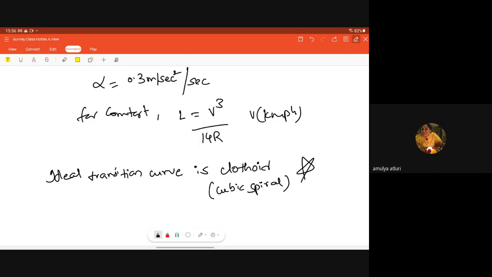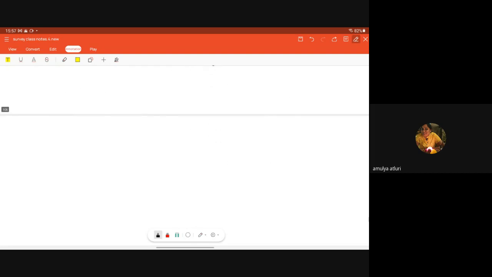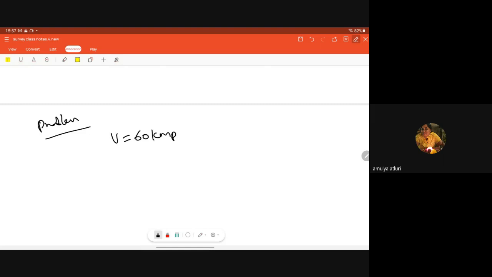So let's deal with one problem before winding up the class. They're asking what is the length of transition curve if the speed of vehicle is 60 kmph, rate of change of angular acceleration is 0.3, and the radius of curvature is 300 meters.